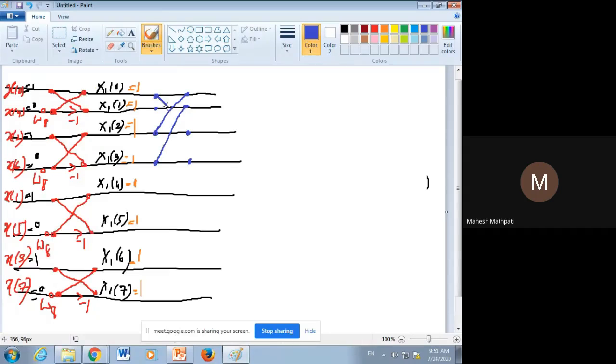Likewise, first line will join with the third line, and this is like this. ठीक है, और यहाँ पे इसका -1 रहेगा, और यहाँ पे इसका -1 रहेगा, and here the values will be W8 0 and W8 1. Right? It is W8 1.